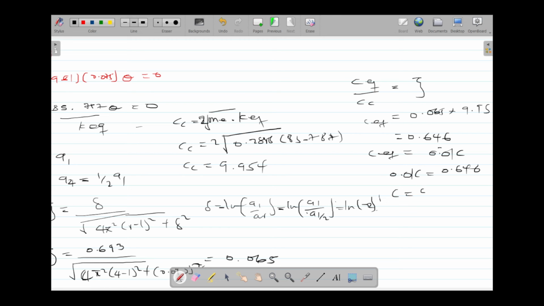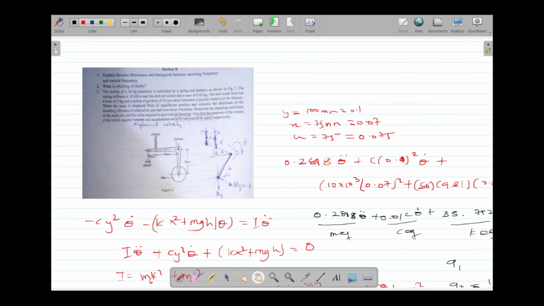So C will be equal to 0.646 over 0.01, so C will be equal to 64.6 kilogram per second. We have been able to find the damping coefficient of the dashpot, and we've also found the critical damping coefficient. The next is to find the response of the system.